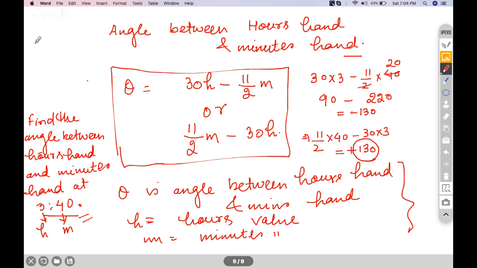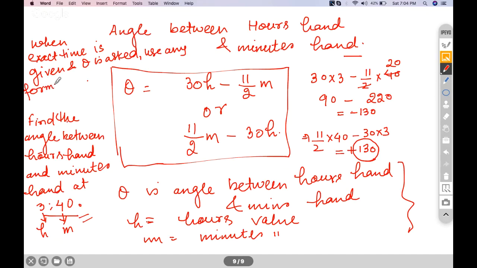So try to understand: the shortcut is, when exact time is given and theta is asked, use any formula, and if a negative sign is found, ignore it.